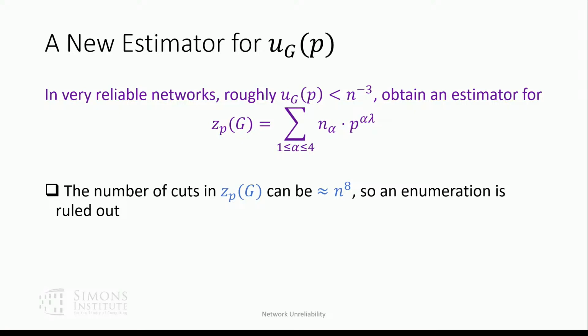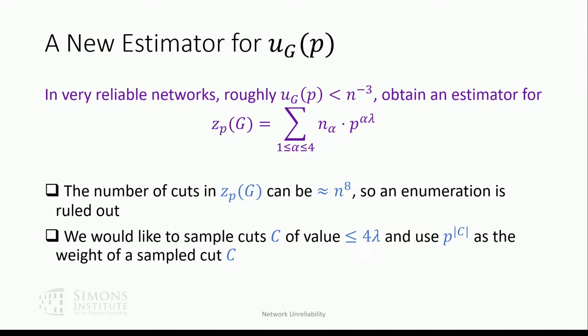So really, I have no hope of doing anything explicit. I can't take all these cuts and for each cut figure out what the p to the alpha lambda term is, and sum them up. Any such explicit process is going to be very slow. So there's no hope for any enumeration or explicit algorithms.